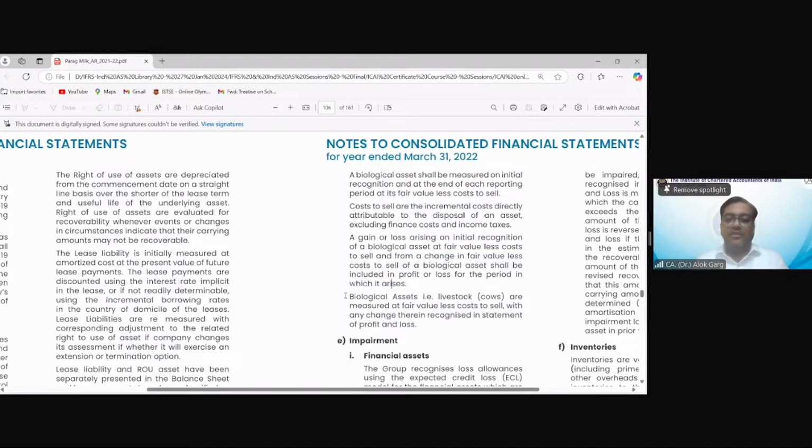Okay. So biological assets, which is livestock, which is cows in this case, are measured at fair value less cost to sell with any change therein recognized in the statement of profit or loss. Whatever is written in this accounting policy of a listed company, is it something which is heard or is it something which is blank? Does it sound familiar? Heard, sir. Heard, not blank. Very good.